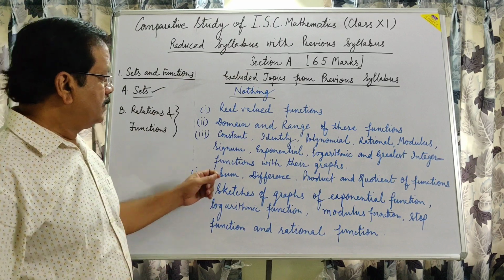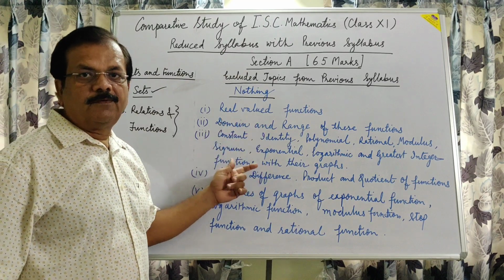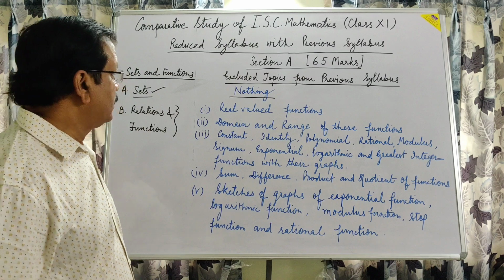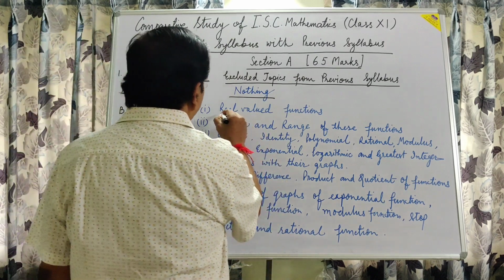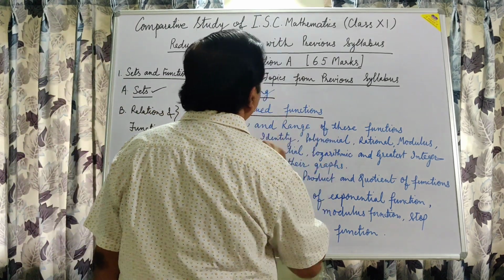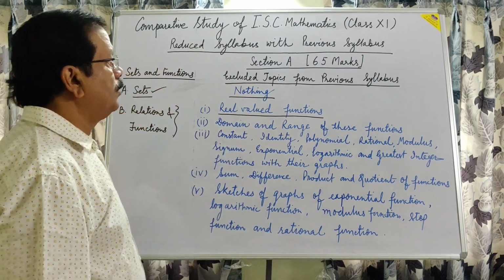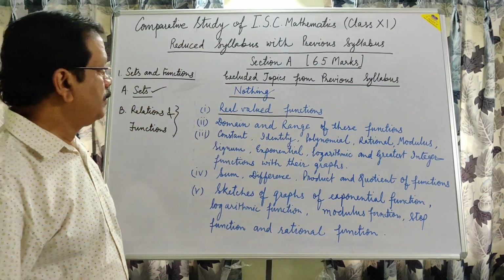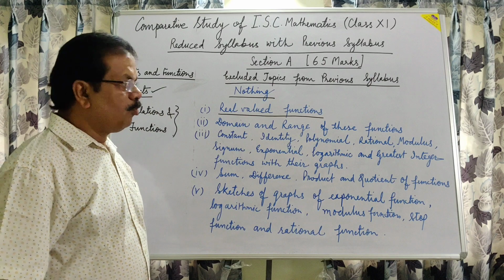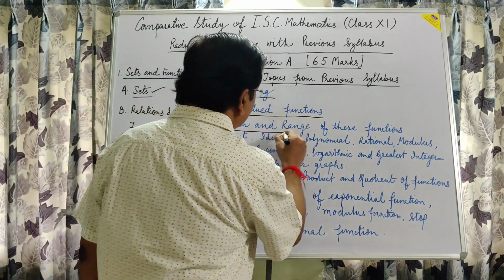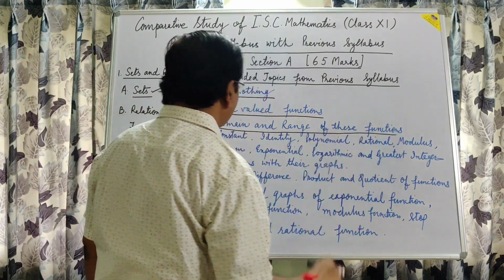in this chapter, 5 topics are excluded from the previous syllabus. First one, real valued function will not be there for the students who are going to appear in 2021. Second, domain and range of these functions are excluded.